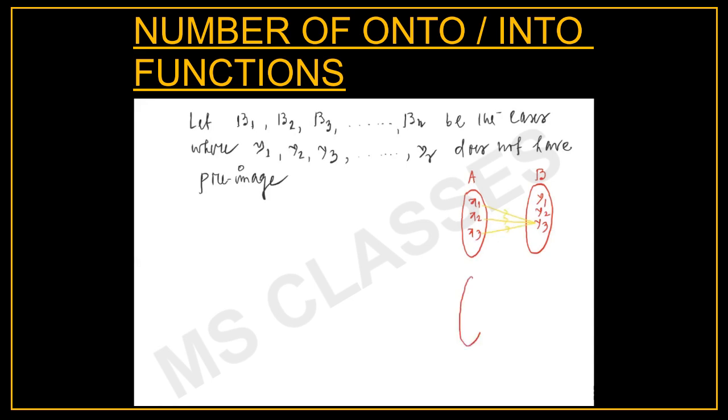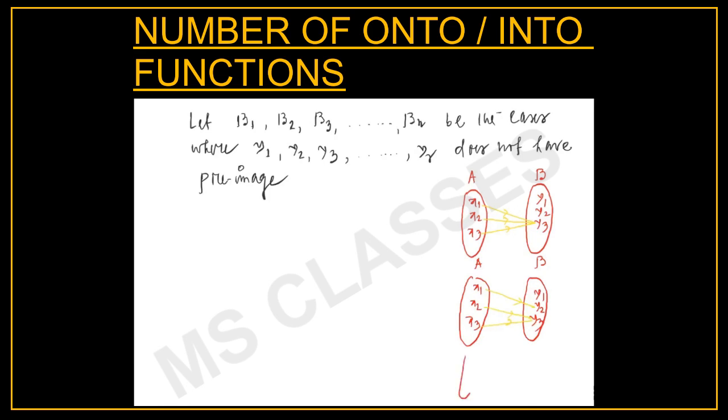Now it can be like this also. Set A, set B, here x1, x2, x3, y1, y2, y3. Now here it can be that x1 is mapped to y2, because y1 will not have any pre-image, and all the other elements mapping to y3. It can happen. There can be other cases also.